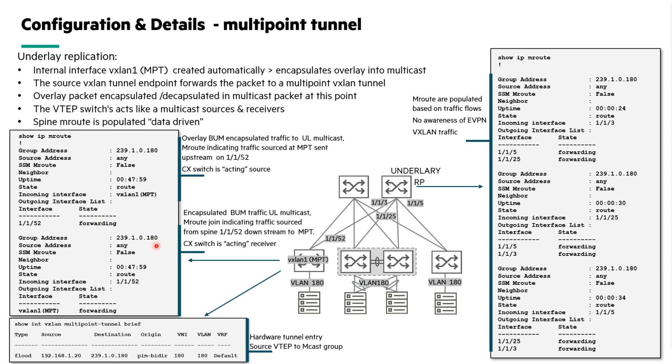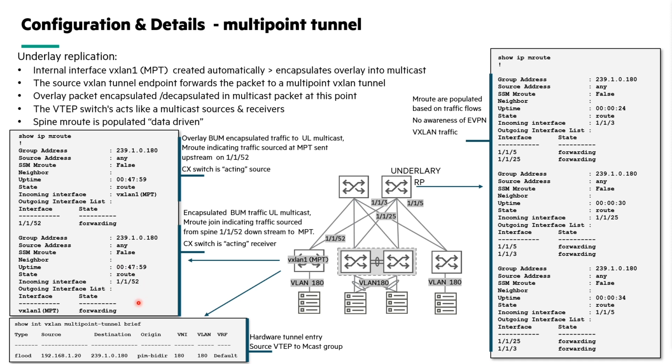Then if we look further down, we again see the same group address. However, this time we have an incoming interface, and this is again the same interface, 1/1/52.